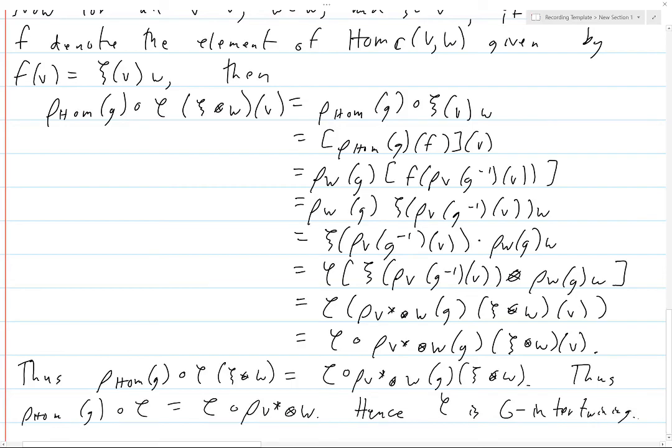You need to check that this property holds, in addition to it being linear, but we already know that phi is linear because it's a natural map. We've already discussed that this phi is a natural map and that it's linear, and so now we know that it's G intertwining, and so yeah, there we go. This completes the proof.